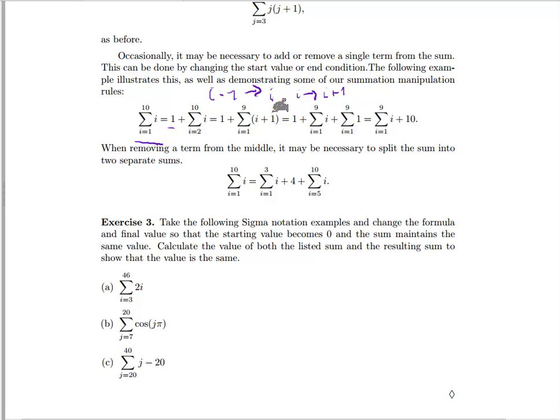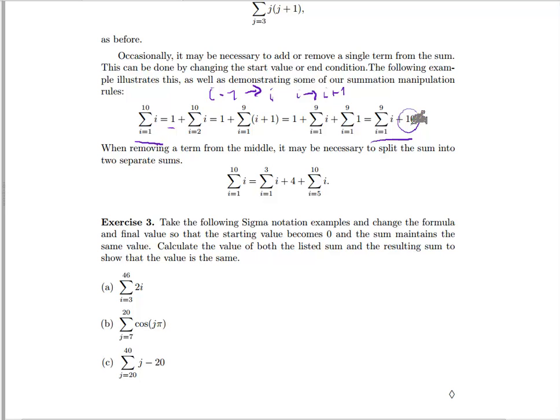So here you have a 1 plus this sum plus a sum of 9. Now this sum of 9 is just 9. The 9 adds to 1 gives me 10. And you can see what you have here is the summation with the last term split off. And I didn't have to do all this fancy stuff in the middle. I could know right away that I can express this summation, i equals 1 to 10 of i, as the first 9 terms plus the last term.